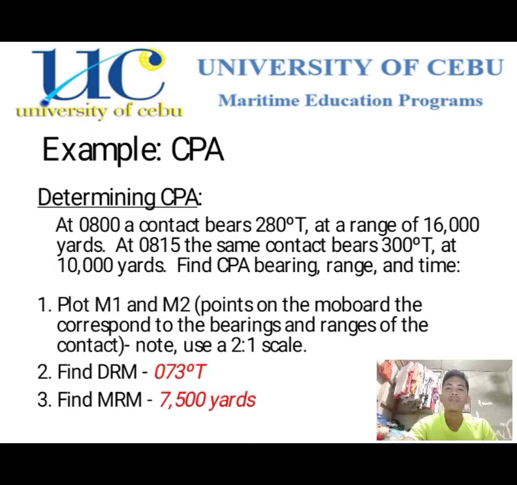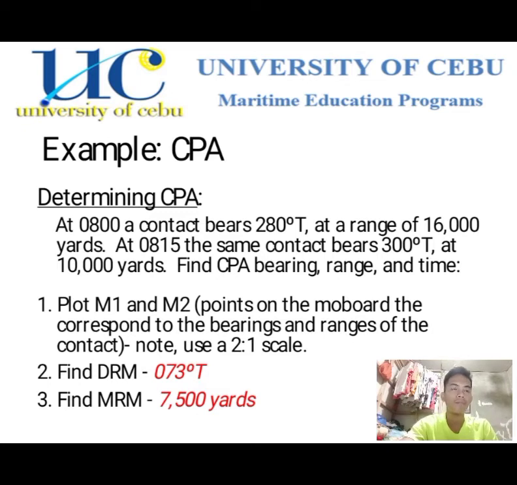So at 0800 a contact bears 280 degrees true at a range of 16,000 yards. At 0815 the same contact bears 300 degrees true course at 10,000 yards. Find CPA bearing, range, and time.